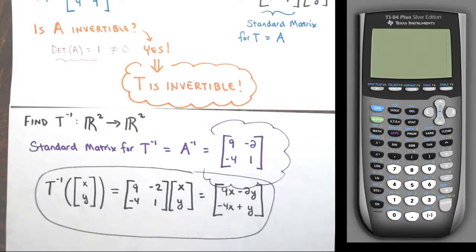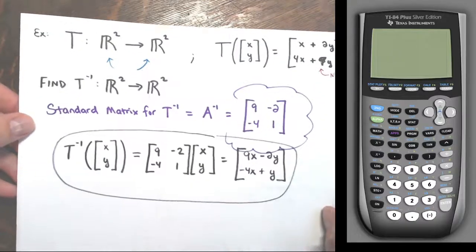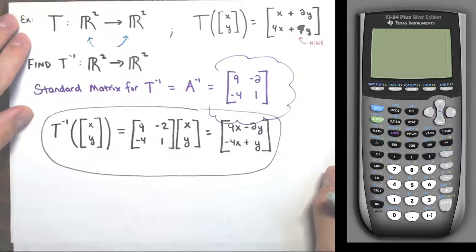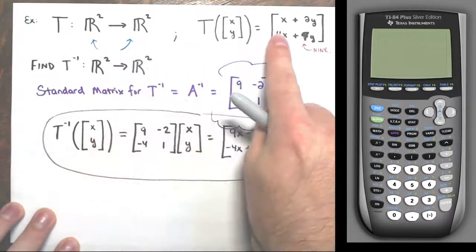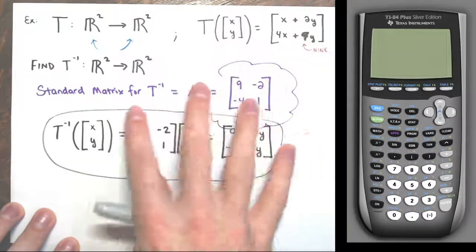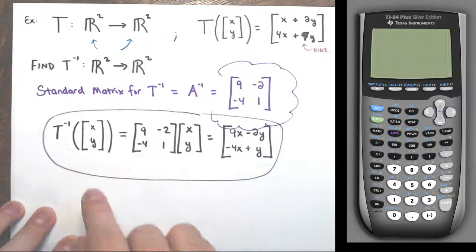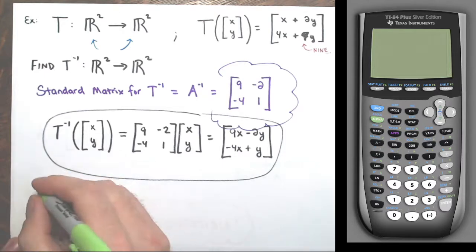Now let's test it out with some specific values. I've got them on the same page now. Here was T, from R2 to R2, with its rule, and after all that work, here's T inverse and its rule, from R2 to R2 as well. Let's look at some examples and see if they actually are reverse mappings.